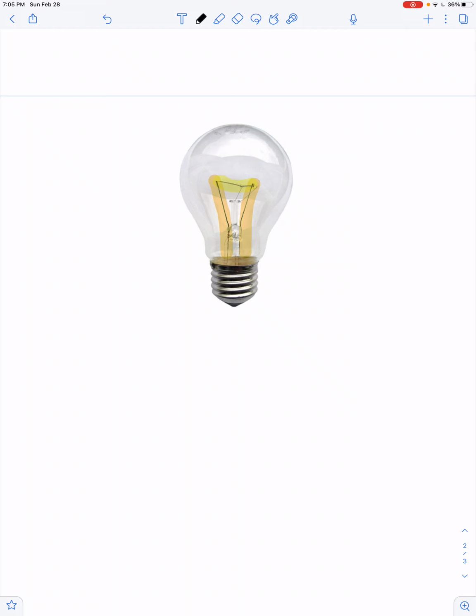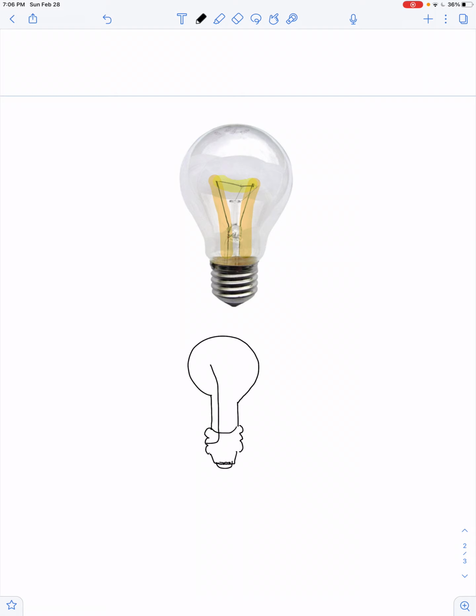I often draw a picture of a light bulb like this. So one of these metal posts comes off of the metal case that's actually threaded into the socket.